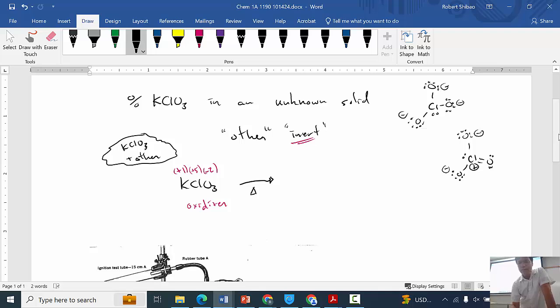And what I have circled here are the formal charges. Sometimes we'll expand the octet to get rid of those formal charges. Chlorine is one of those elements that are capable of expanding its octet.